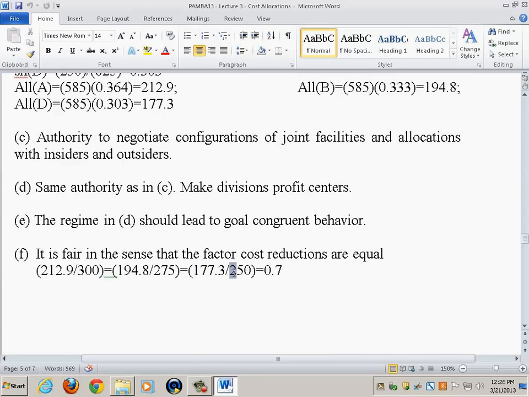The cost of going it alone would be 250, again a ratio of 0.7. So this allocation gives everybody a reduction of a factor of 0.7 of their allocated cost using this configuration relative to all three going it alone. So you could say in this allocation you distribute the cost savings by an equal ratio.